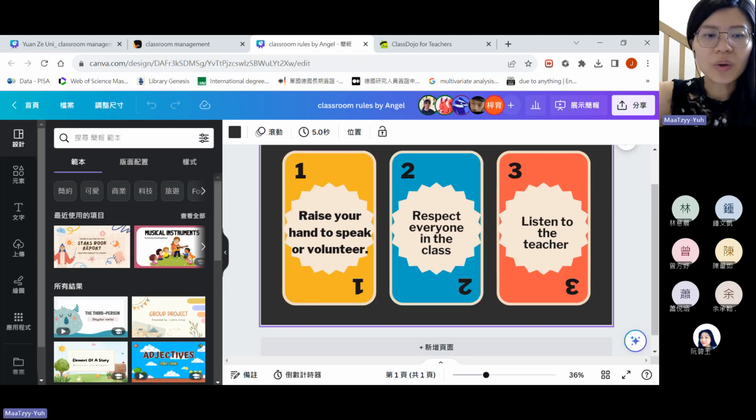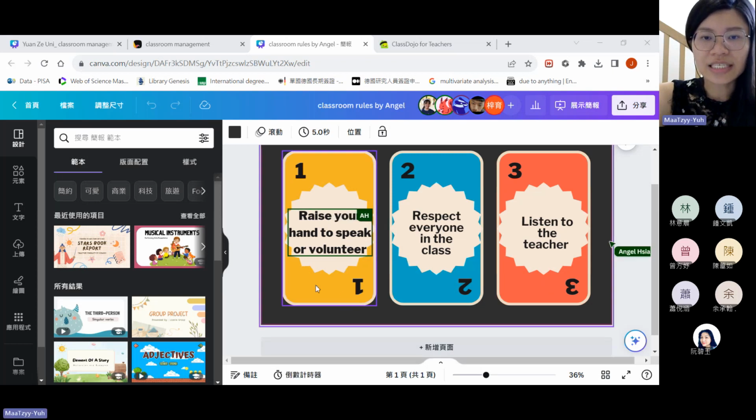And also, I would say that you might give them some visual aids, like you can print screen the icon from Microsoft Teams and then add it here.